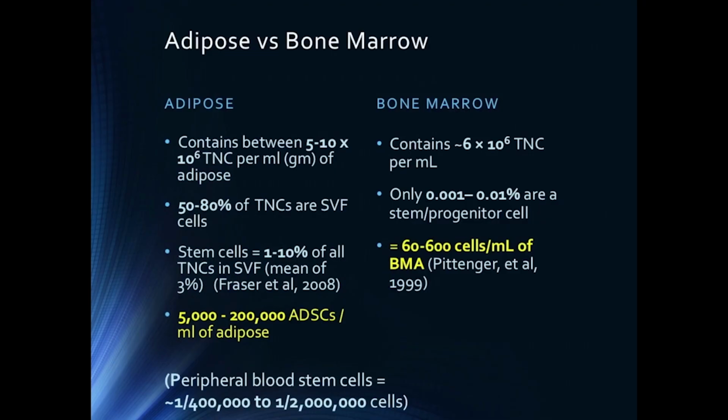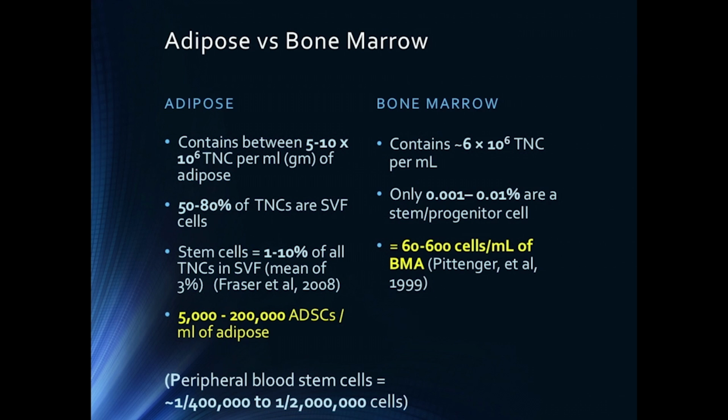Let's look at the bone marrow side. If you take an equivalent volume of bone marrow, which is going to be 1 ml, you are going to get more total nucleated cells, roughly between 6 and 10 million. However, only 0.1 to 0.001% are actually considered a stem or progenitor cell.